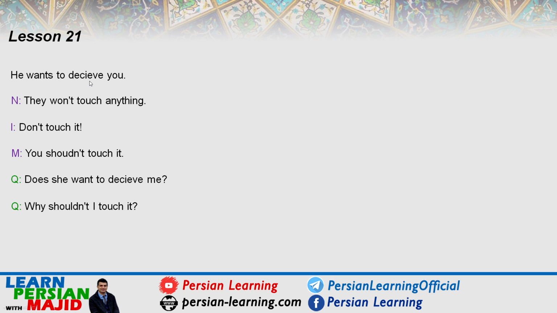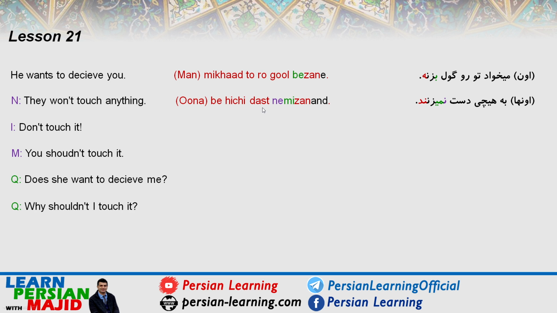He wants to deceive you. Deceive گول زدن. میخواد تو رو گول بزنه. Here we have row object marker and for deceive we need that. They won't touch anything. This touch means to put your finger on something. به هیچی دست نمیزنند.